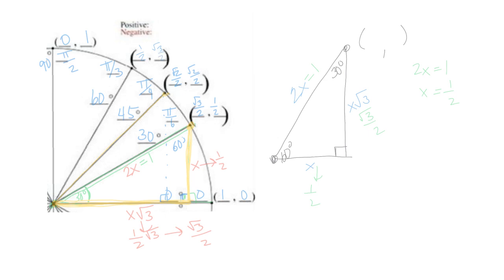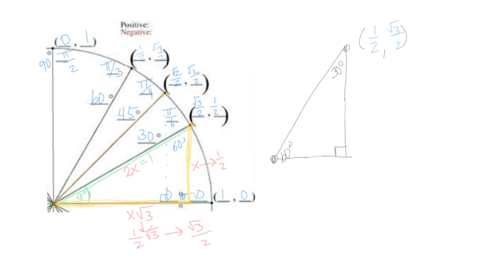Now I'm going to just keep this one here open. Okay, just erase the stuff that got me there. So I know that this terminal point is 1/2 comma root 3 over 2.